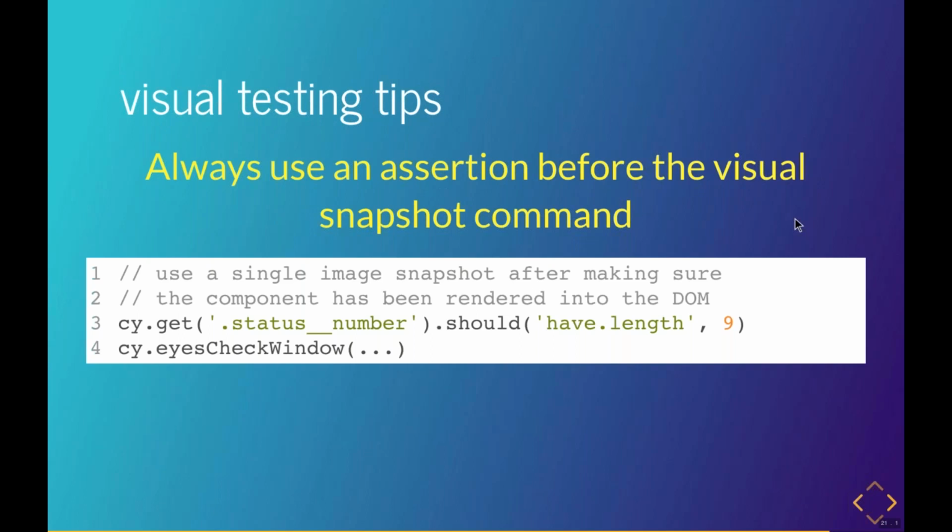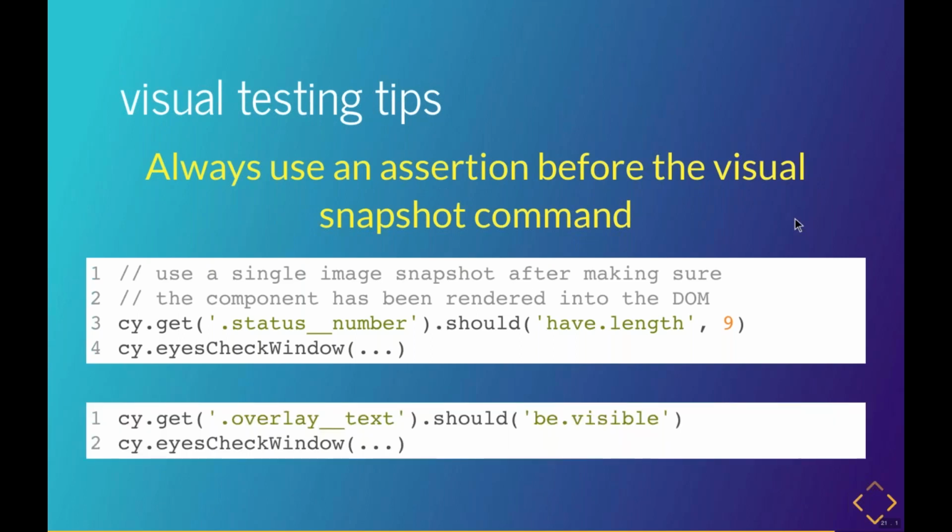So if you want to make sure that your component test has an accurate and consistent image, make sure that the DOM has rendered, that it has updated after a user event, right? So in this case, make sure that there are 9 status numbers before you do eyes check window. When we won the game, before we took that last screenshot, we made sure that the overlay is now visible, and then we took the screenshot.